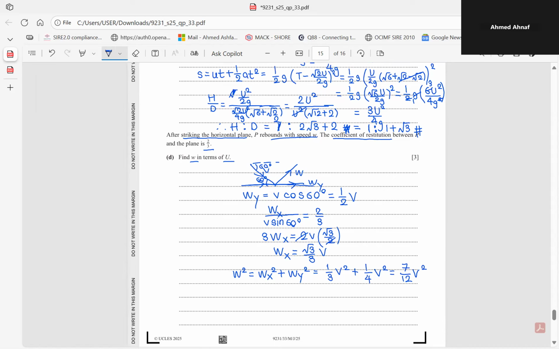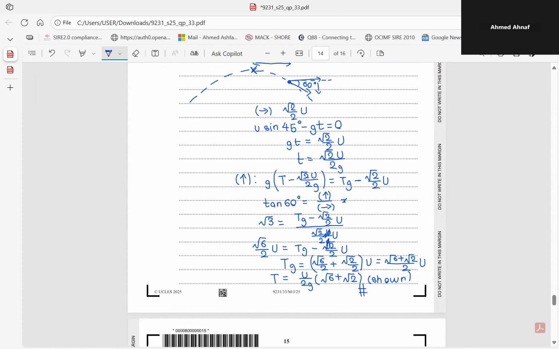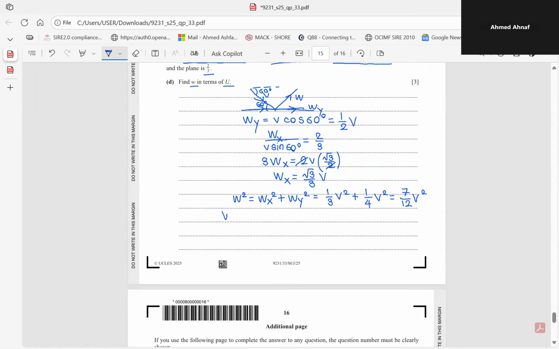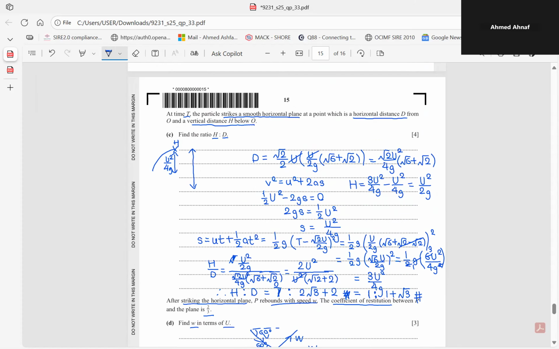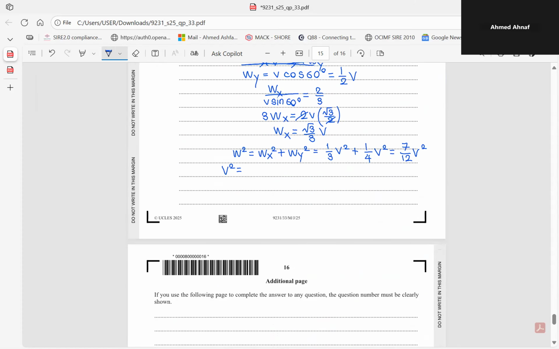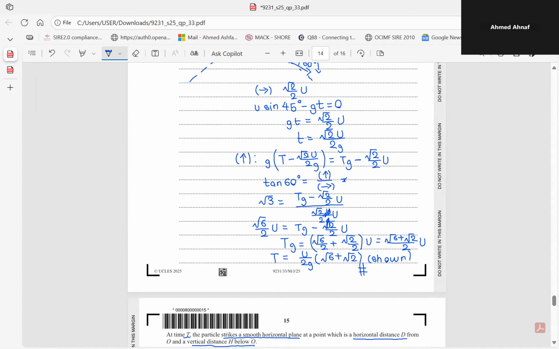Now all that's left is for us to express V squared in terms of U. To find V squared, I'm going to take the vertical component and the horizontal component, and we're going to square it. So that is 2 over 4, so 1/2 U squared, plus the vertical component is TG minus square root 2 over 2 U.